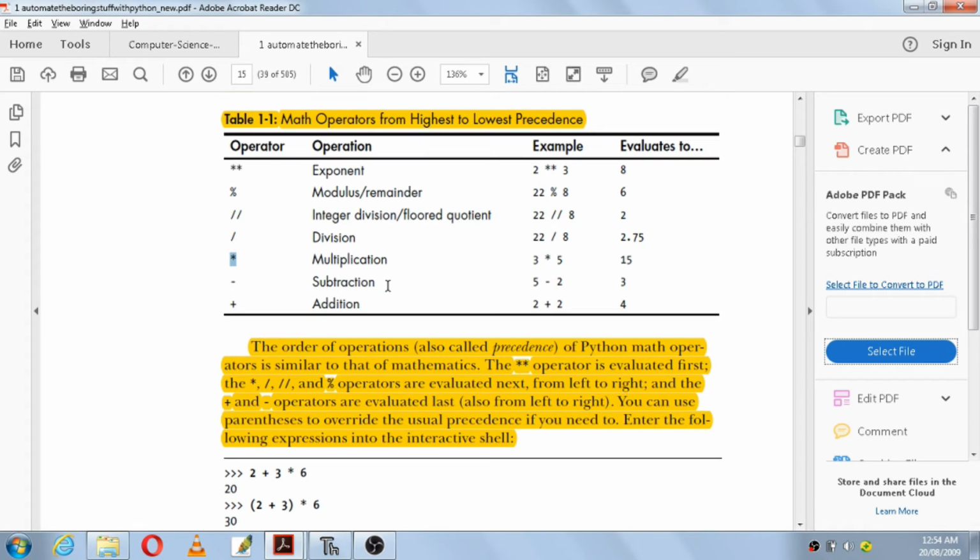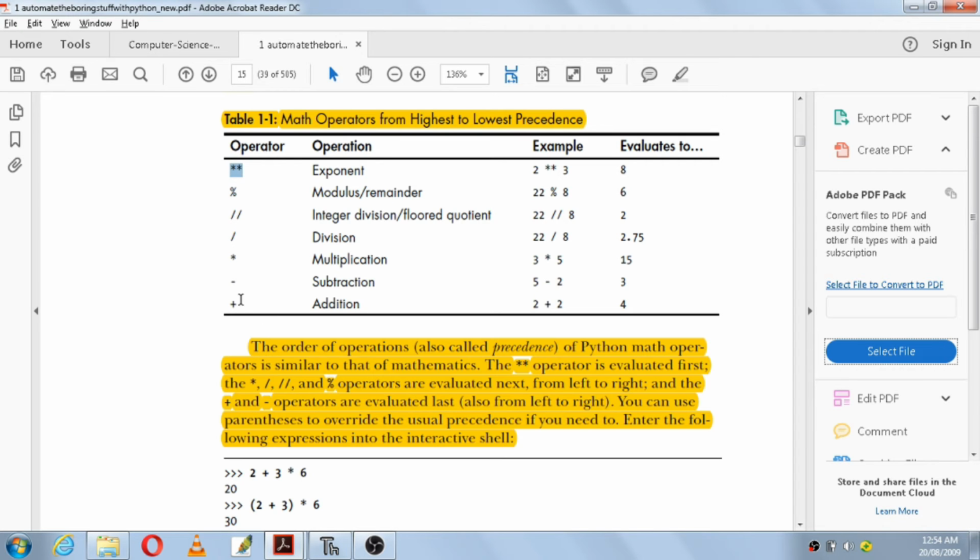The order of operations, also called precedence, of Python math operators is similar to that of mathematics. That means when you are using an expression with multiple operators, asterisk, exponent and modulus, the first priority should be given to exponent.